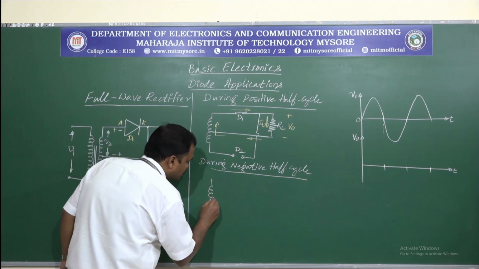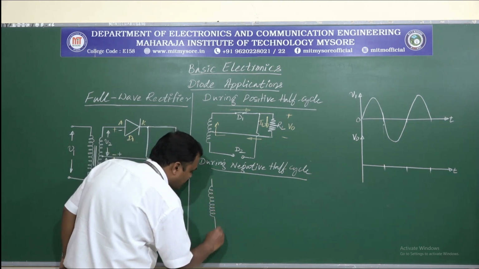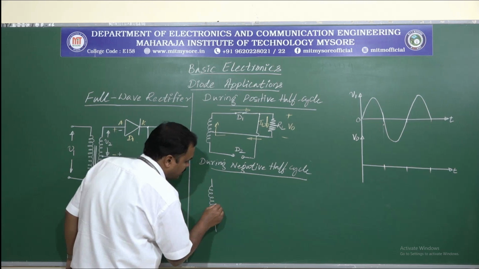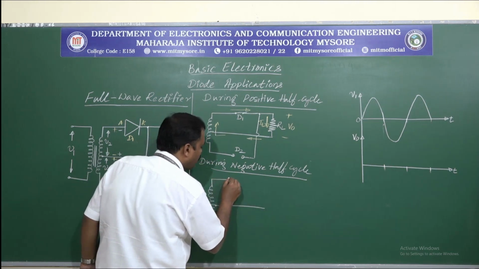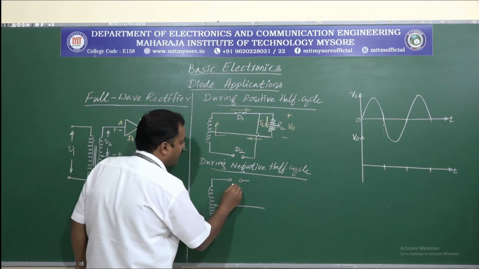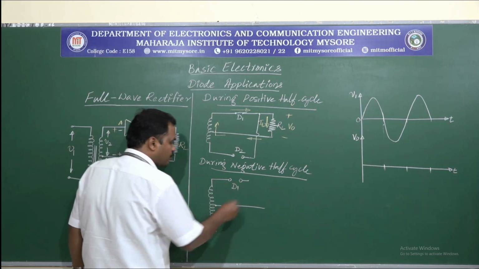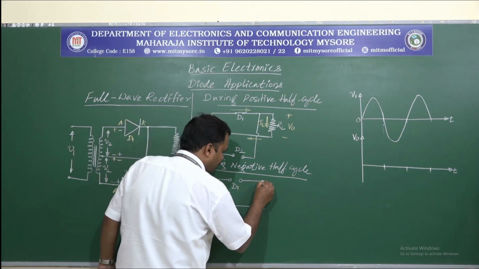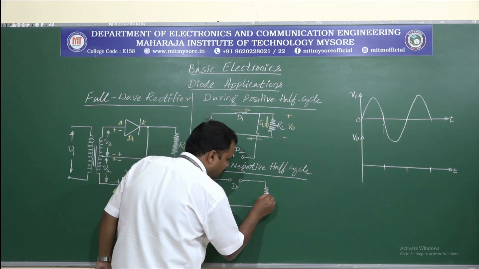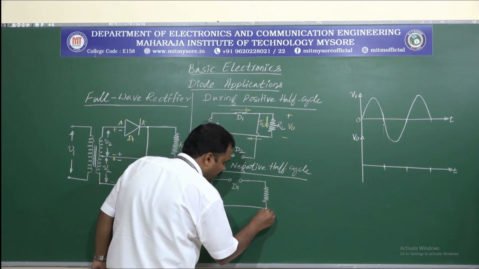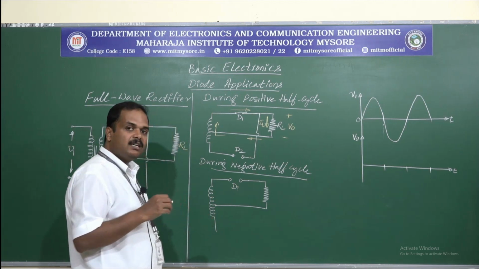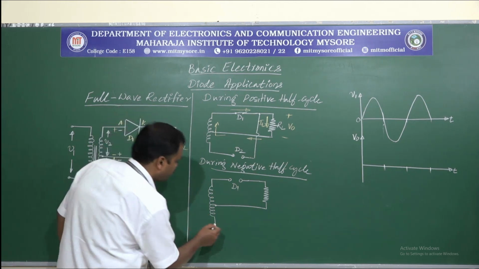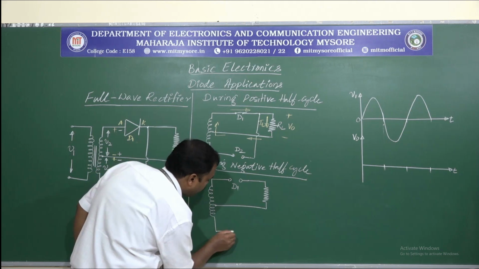So the circuit looks like this. This is the secondary coil. Let us get the center tap out of the secondary coil, and diode D1 is reverse biased, so it will be represented as an open switch, and here we have the load resistance connected, and diode D2 will be working as a closed switch because it has been forward biased.